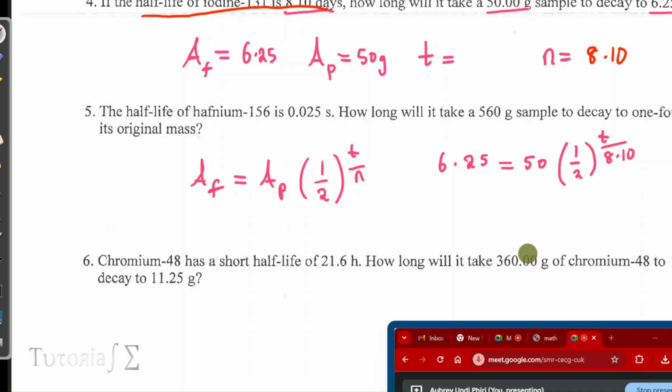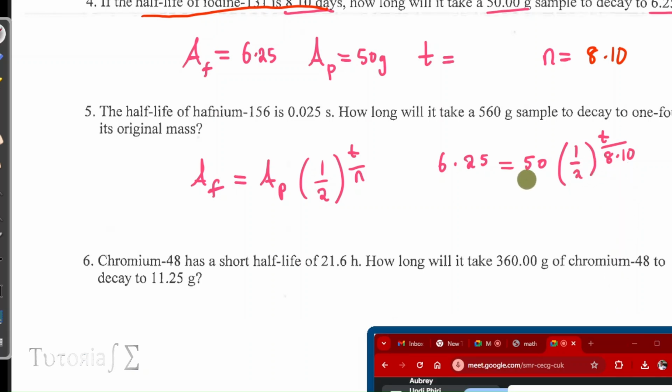Have you seen that? Now this is where you have to be very, very careful. You cannot multiply this 50 times the half. So what you do first of all is isolate the 1 over 2 to the power t over n.